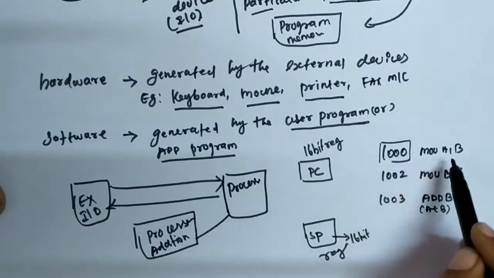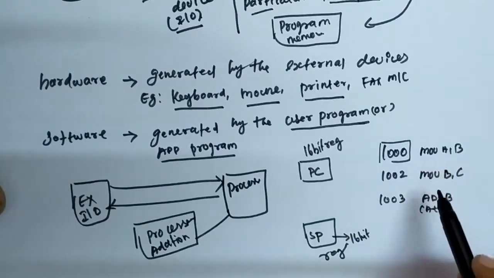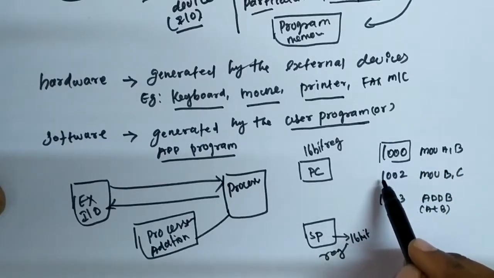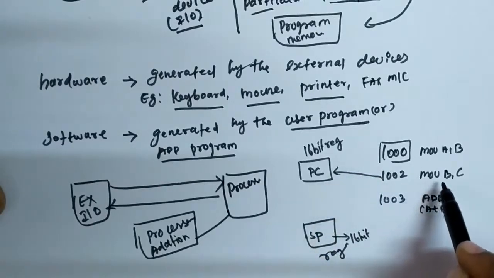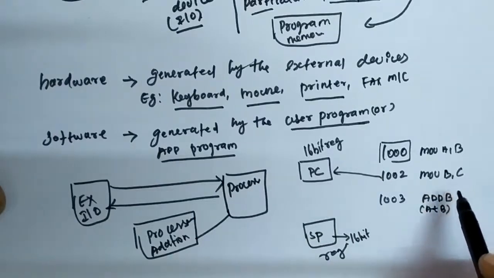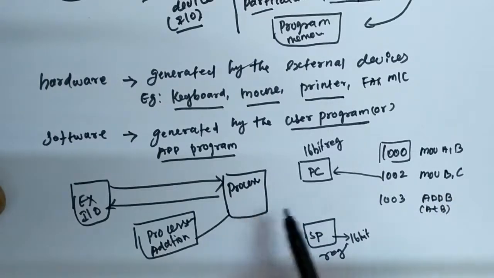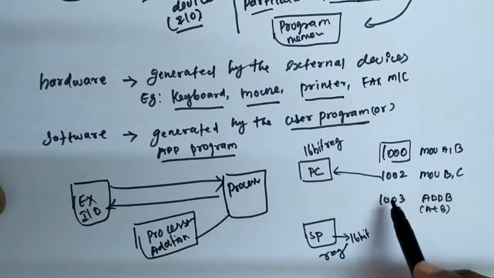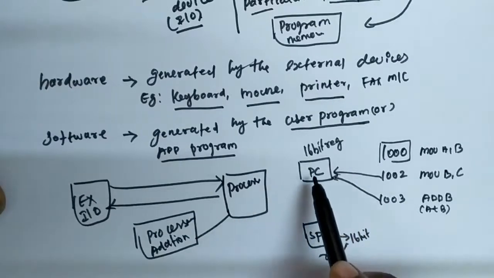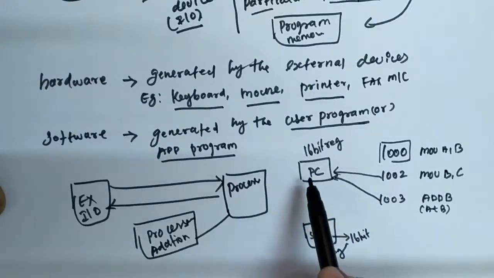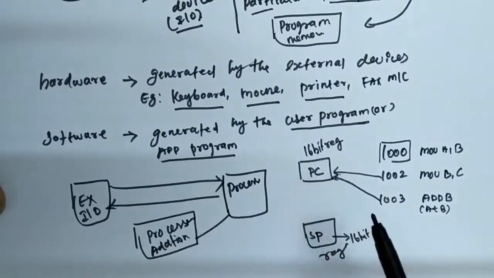Once move A, B execution is over, the program counter content is automatically updated to 1002, which is move B, C. Once that operation is over, the program counter is automatically updated to 1003. So my processor always executes the instruction at the memory location the program counter currently holds.